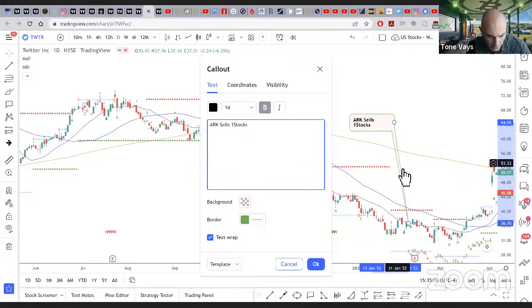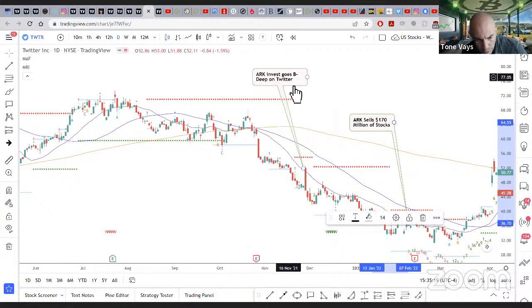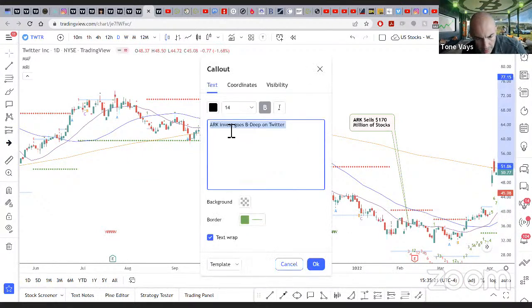Shoot, I gotta look at that search again. $170 million of Twitter. This is important, by the way. I'm not like randomly talking about this. $170 million of stock. They bought right here, ARK Invest, for $49 million.